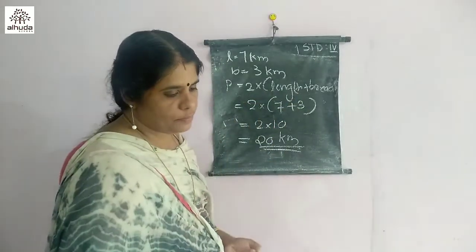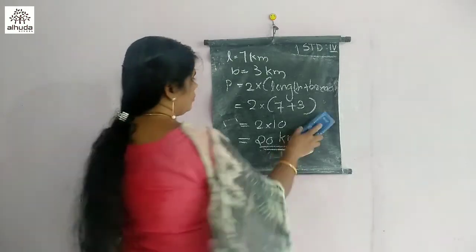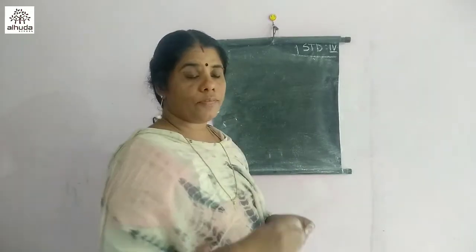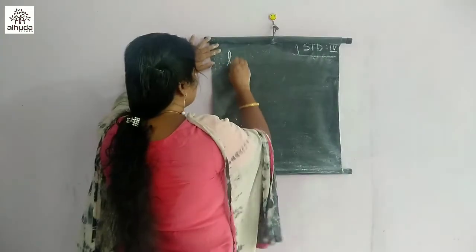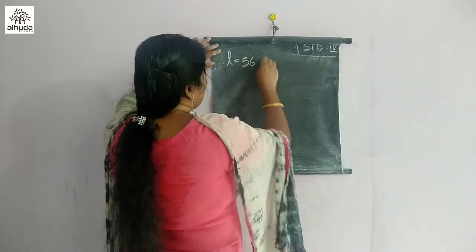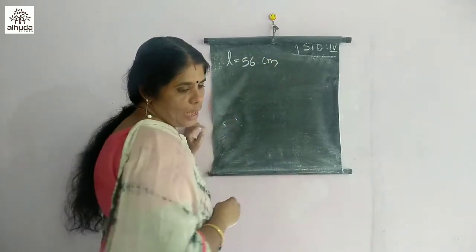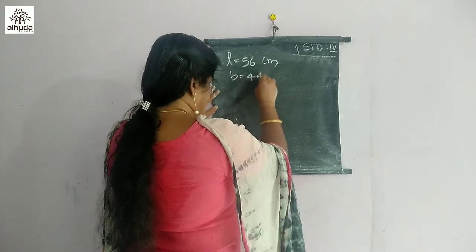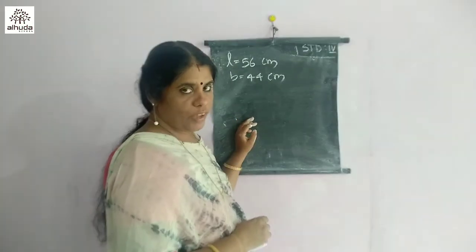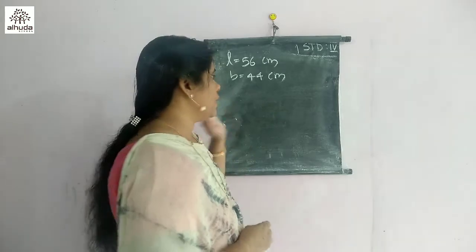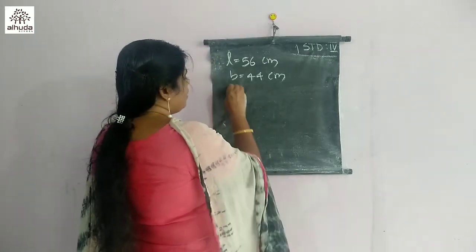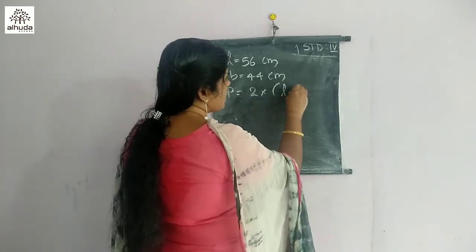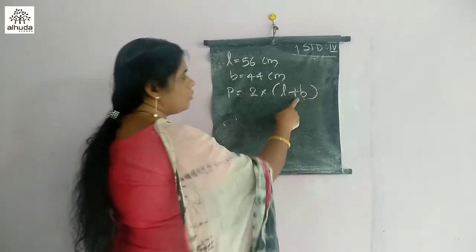One more example. Length 56 centimeter and breadth 44 centimeter. We are finding the perimeter of a rectangle. So the equation will be perimeter of a rectangle is equal to 2 into (length plus breadth), 2 into (L plus B).